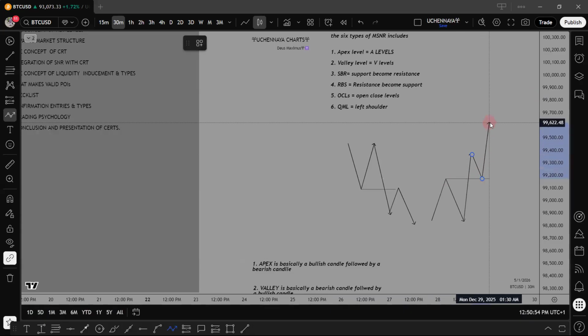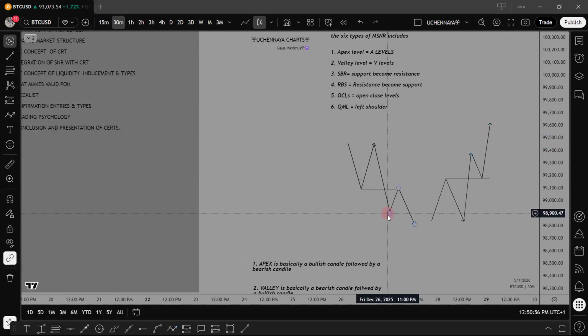It turns into a support sponsoring buys. Now it means the bias has changed here. You were previously bearish, hoping to sell from here, but then price violated it, and now some people call this a breaker block. But from the concept we are using, it is just RBS, resistance becomes support.